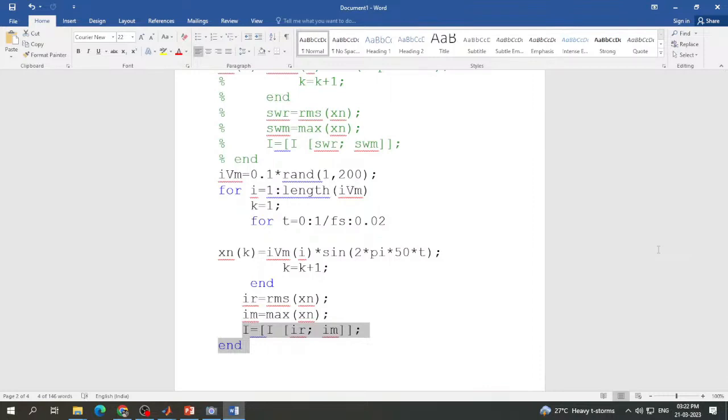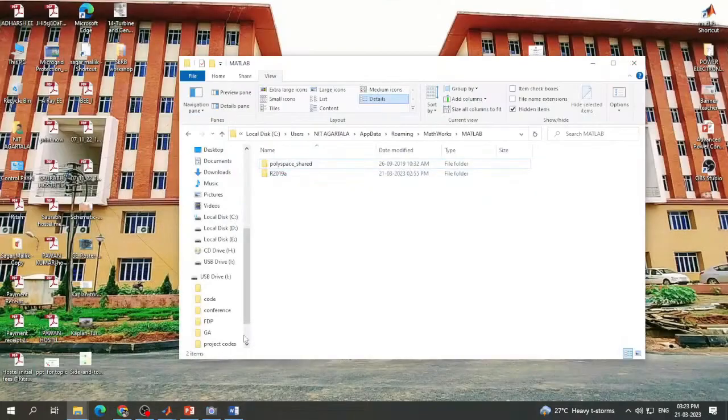From that you have to try to extract the necessary information, either normal deviation or power parameter, whatever you require as per your classification. I have taken here RMS value and maximum value for that. Now I am showing here whether it is.